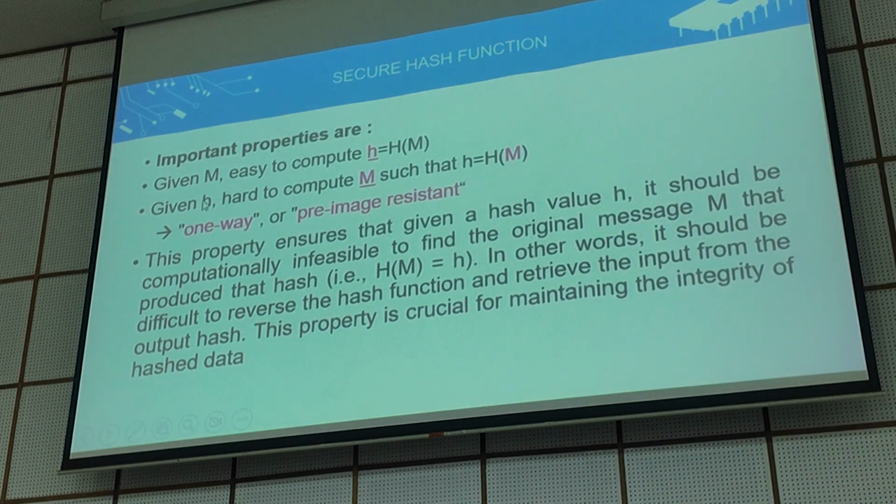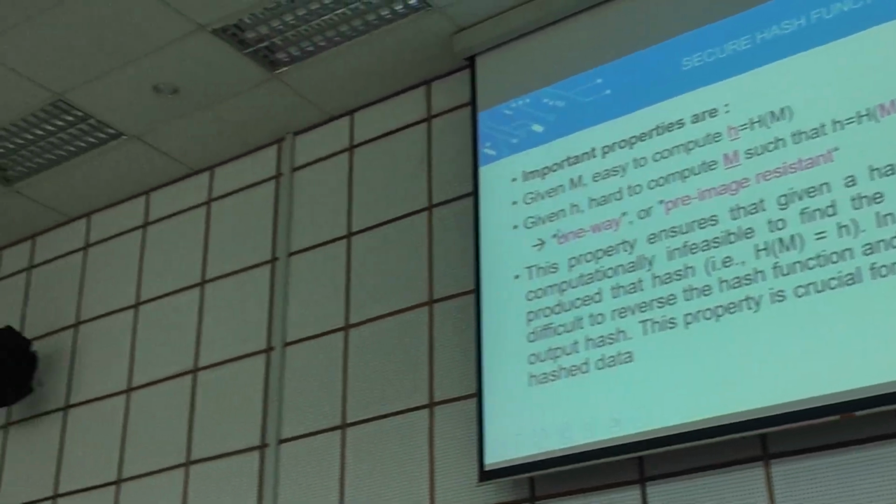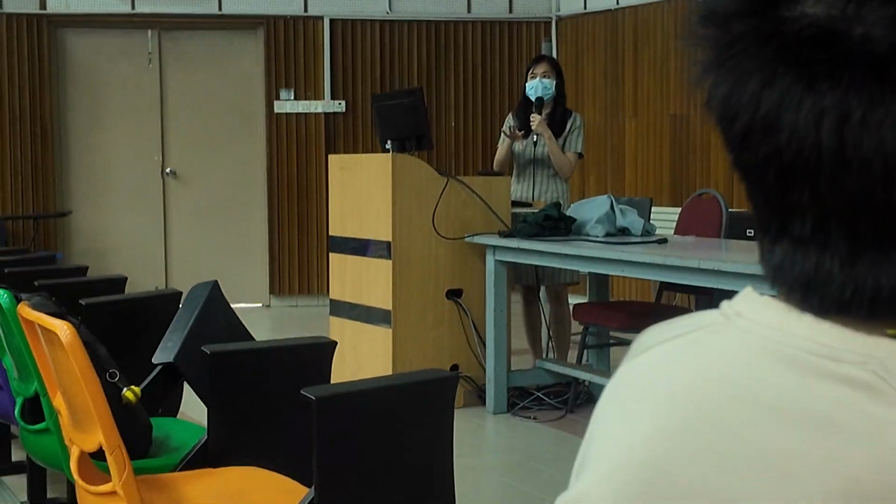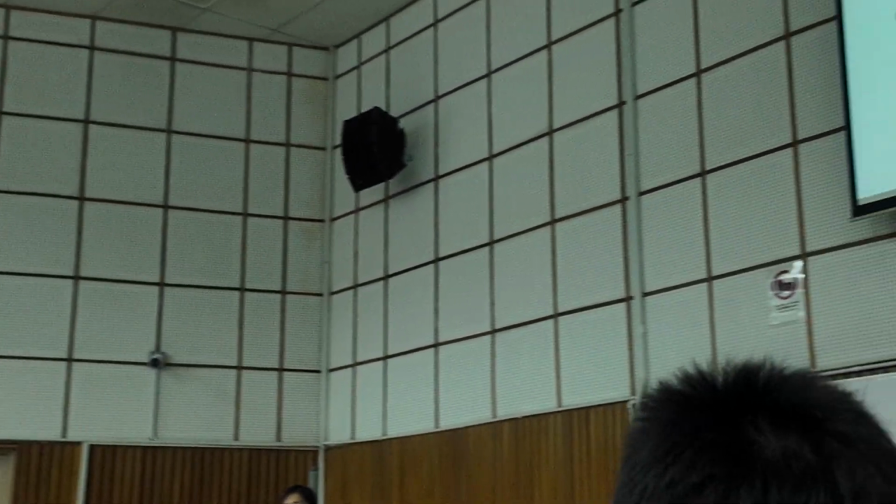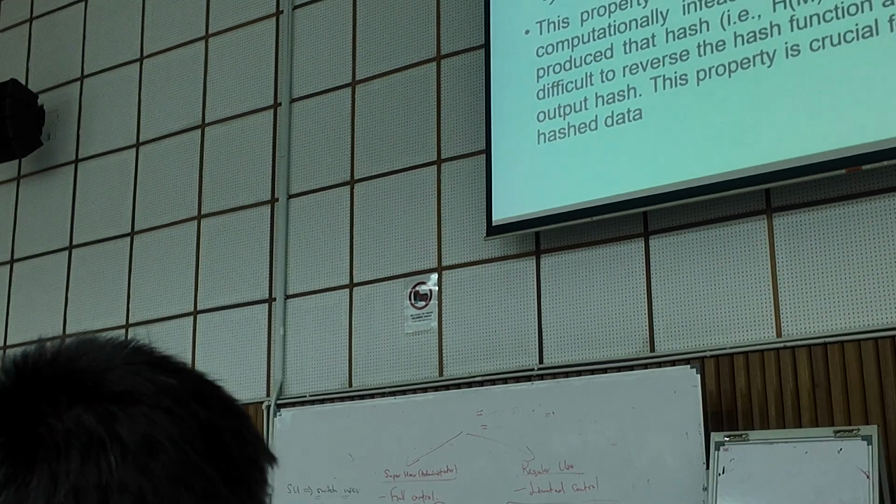So it is easy when you have a message. It is easy to compute the hash. But if I give you the hash value, is it easy or difficult to get back the message? It is hard to compute back. So this is the property. It is secure.